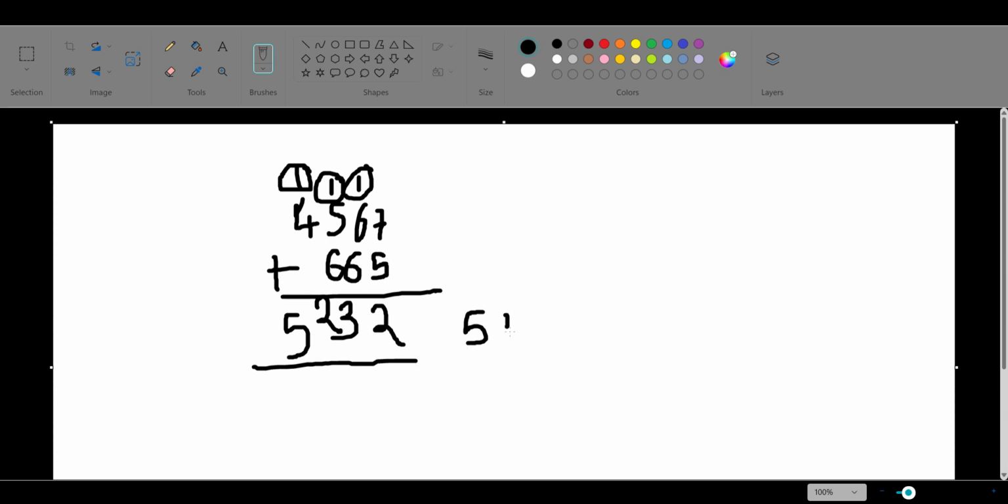Let me write it more properly. 5,232 is the answer. Simple as it looks. It's very simple if you understand it.